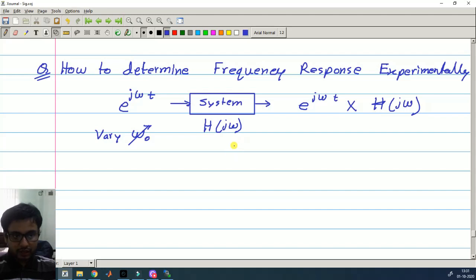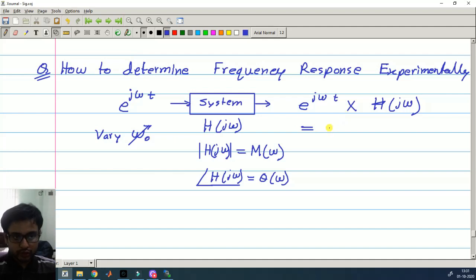Okay, now if I write the magnitude of H(j omega) as M(omega), that will be a function of omega, of course, and the angle of H(j omega) as theta(omega), then the output will be equal to M(omega) e to the power j(omega t plus theta(omega)).